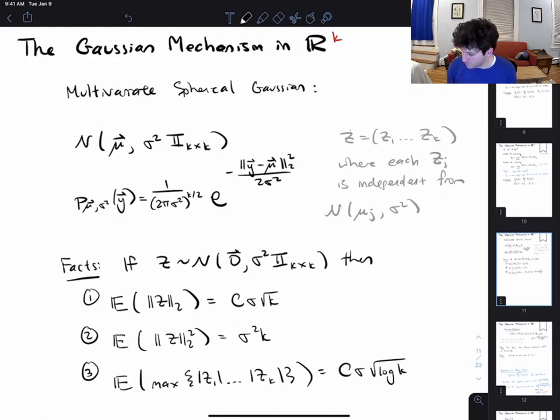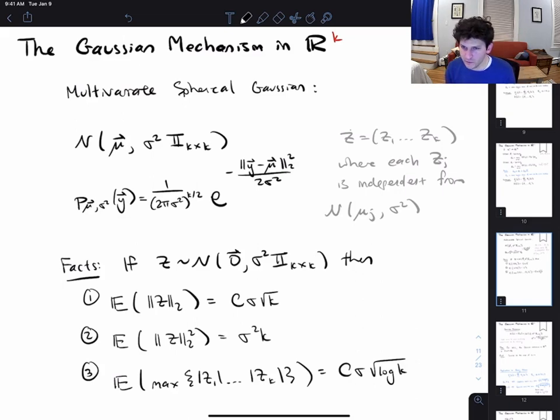More generally, this is called the multivariate spherical Gaussian distribution. It's defined by a mean vector mu and a per coordinate standard deviation sigma.